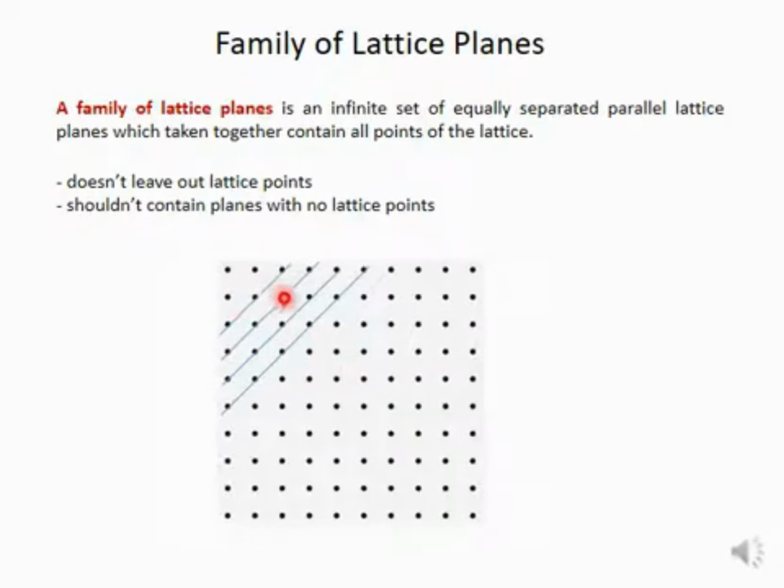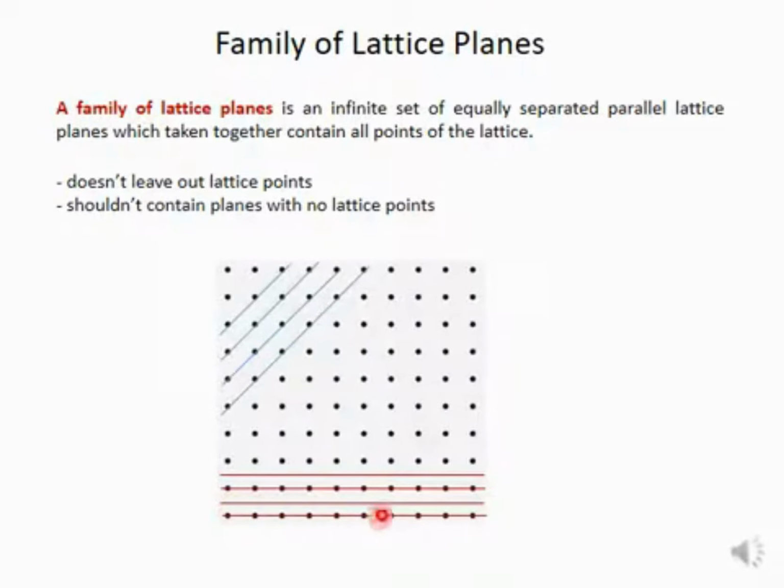In a family, they should not leave out any lattice points, and they should not contain a plane without lattice points. So these 2 points are very important. It should not leave out lattice points, and it should not contain a plane with no lattice points.